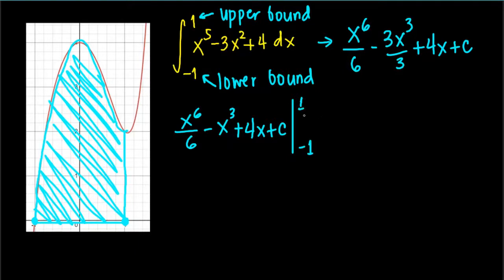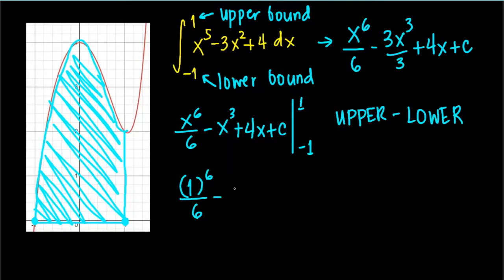And then, how do we process this? Mag-substitute lang ta. Dasong dumdumon nyo permi, upper minus lower. Okay, upper minus lower. So, unahon ta ang upper bound. So, positive 1 raised to 6 over 6 minus positive 1 raised to 3 plus 4 times positive 1 plus c.